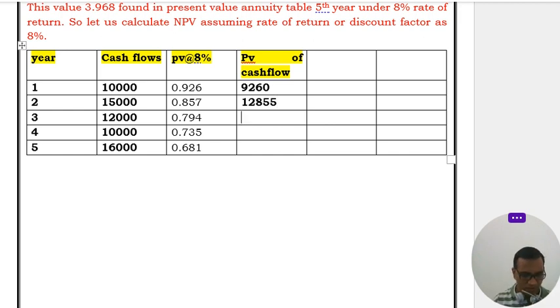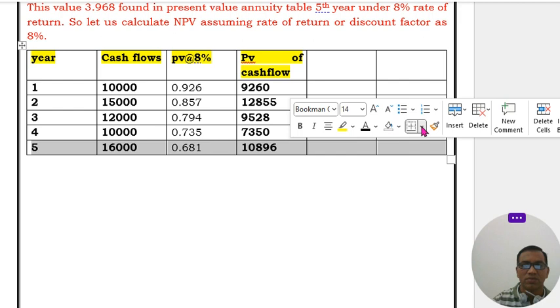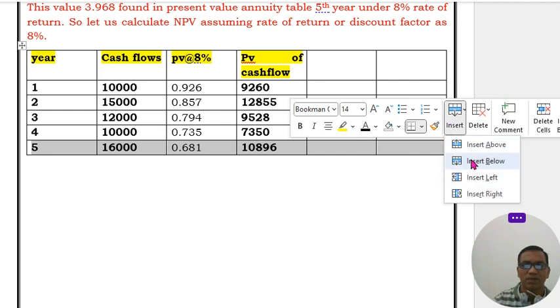Next 12,000 multiplied by 0.794 equals 9,528. Next 10,000 multiplied by 0.735 is 7,350. Next 16,000 multiplied by 0.681 is 10,896.